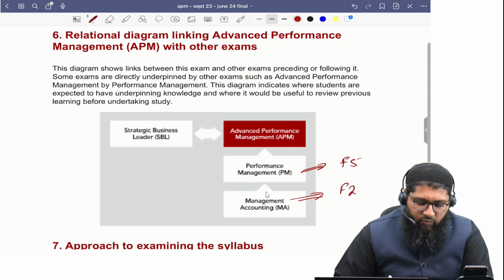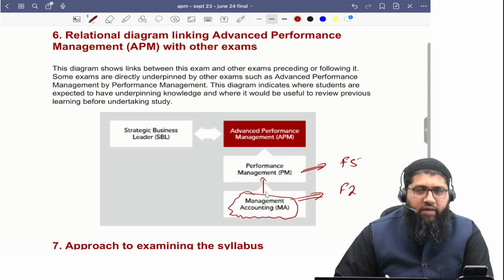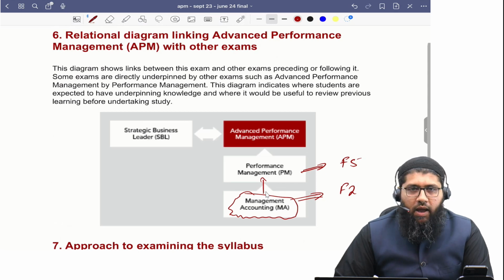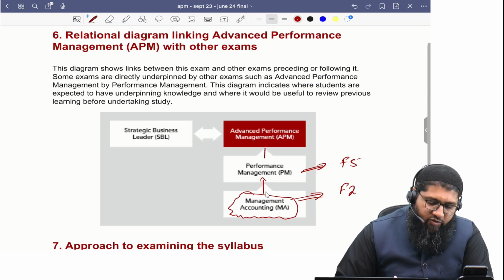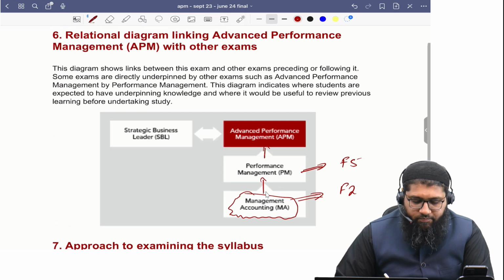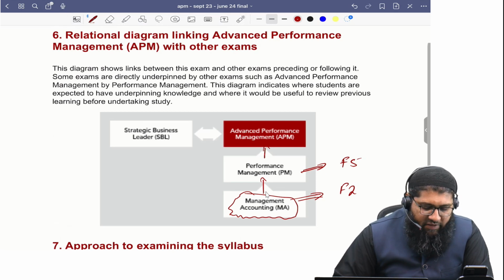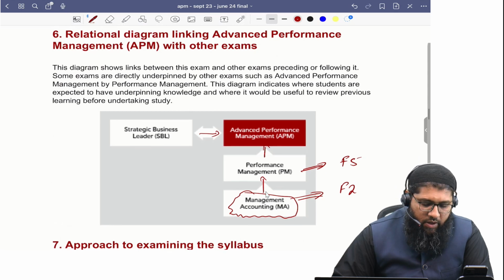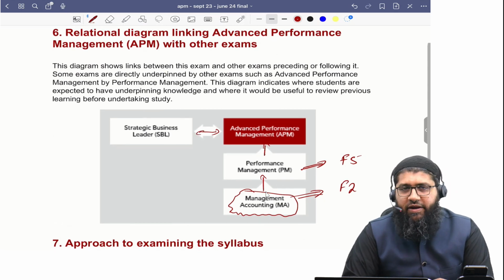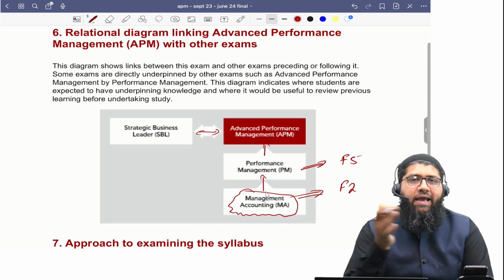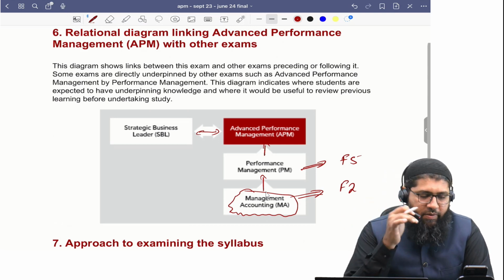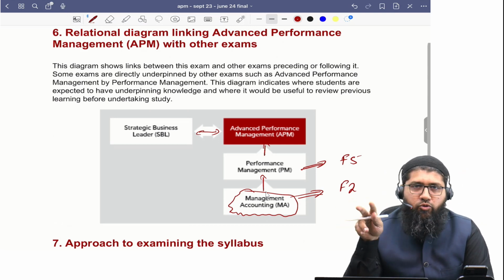Whatever knowledge you gained at F2 was tested at the performance management level, and the performance management knowledge is being tested at the APM level also. Plus, you can see that APM knowledge is being tested at the SBL, and the SBL knowledge is being tested at the APM. So there is an interconnectivity between the APM and the SBL papers, so the arrow is on both sides.